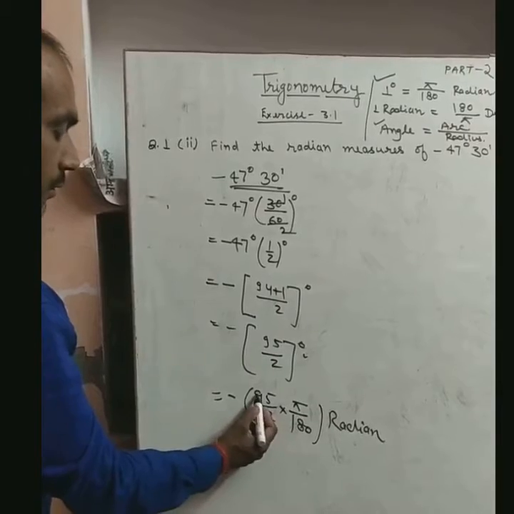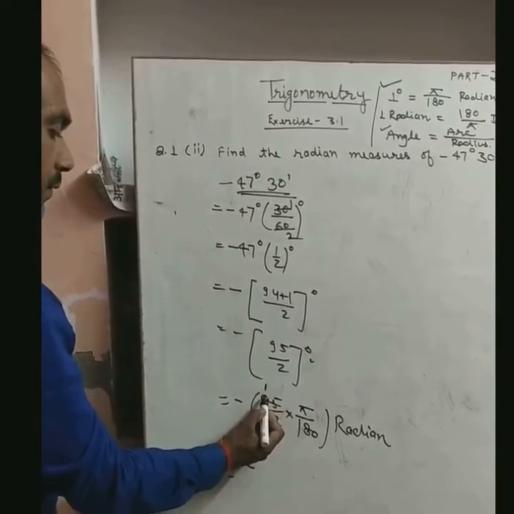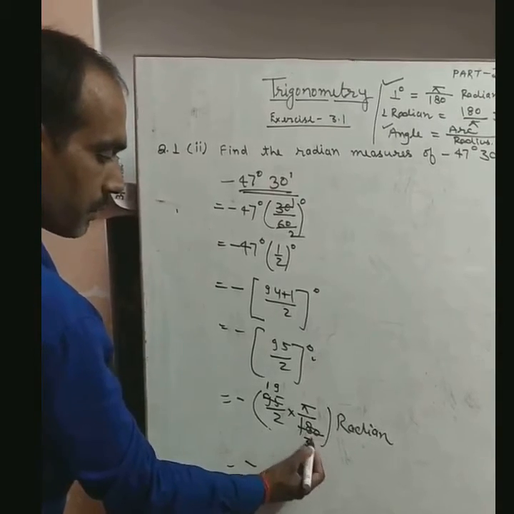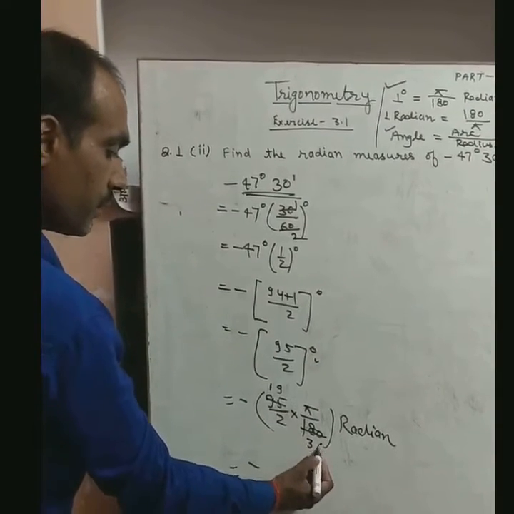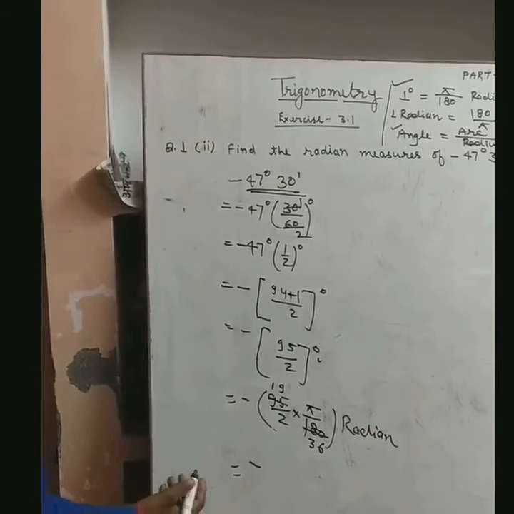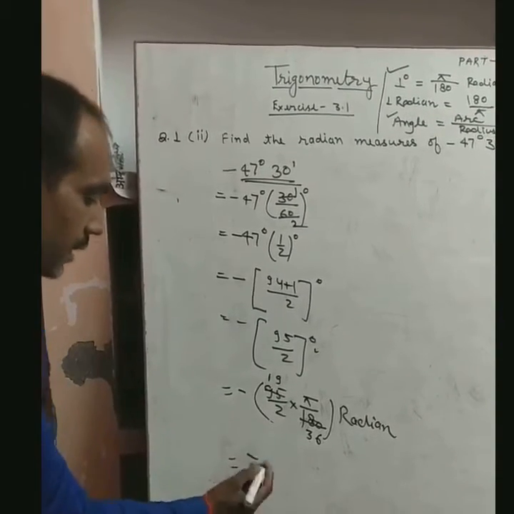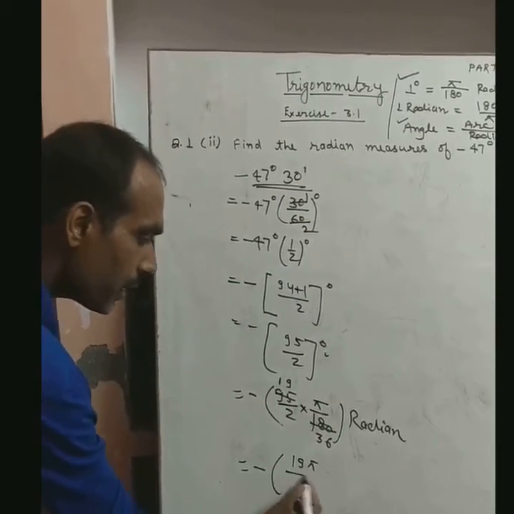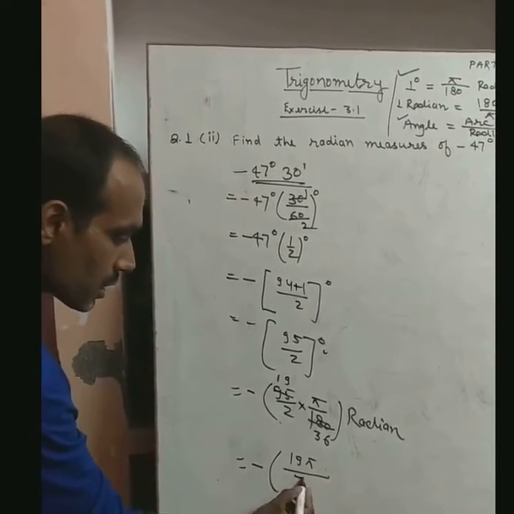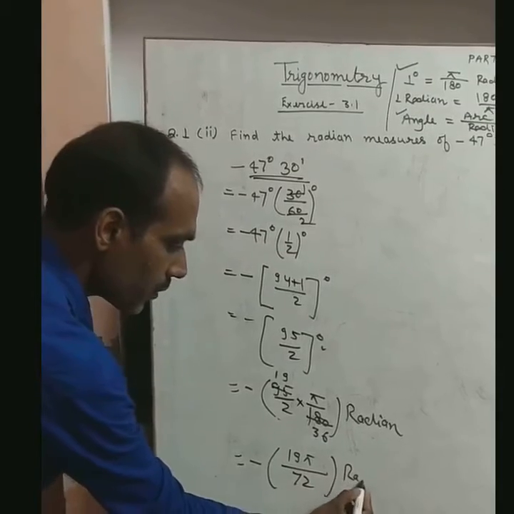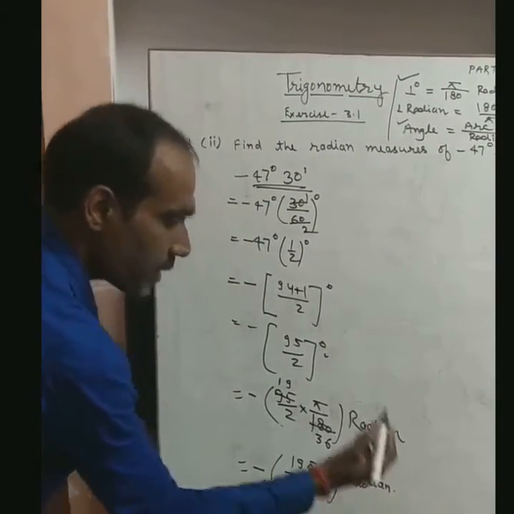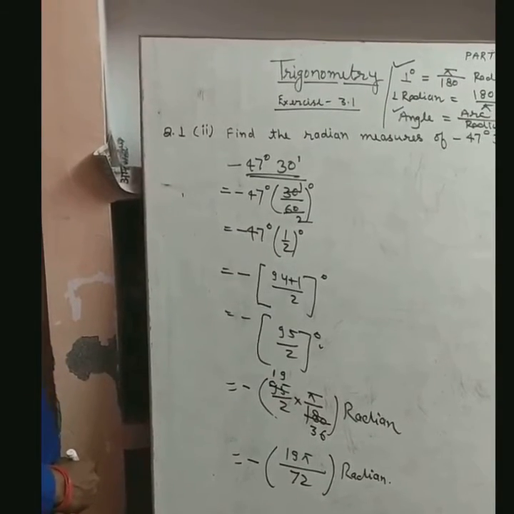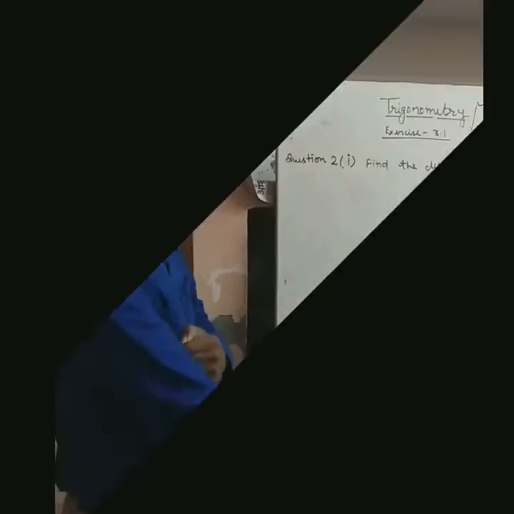Divide by 5: 5 ones 5, 5 nines 45, 5 threes 15. And again divide. Then what is the answer? The answer is 19 pi upon 72 radian, with a minus sign. Clear? Shruti, are you clear? Okay.